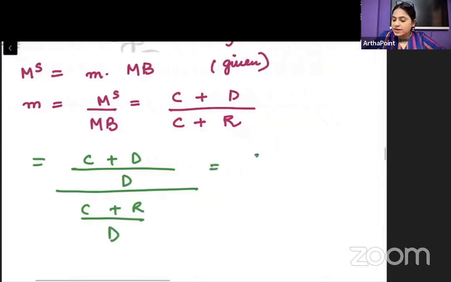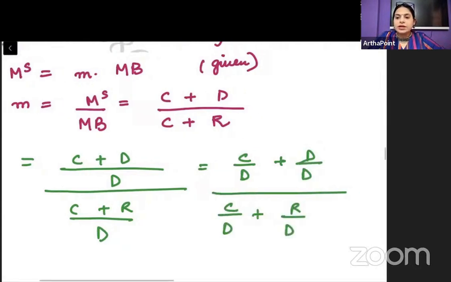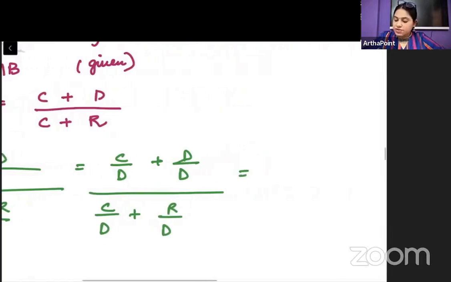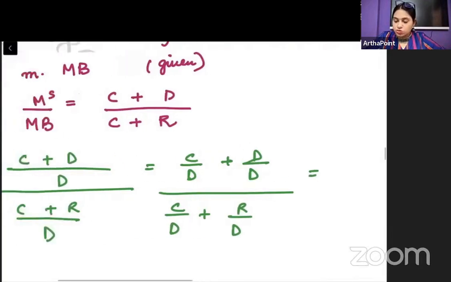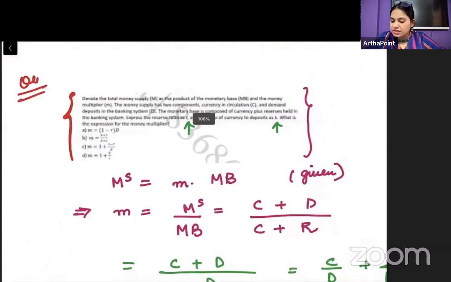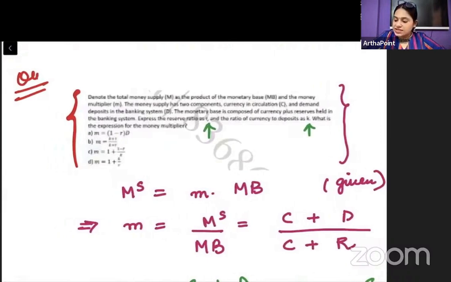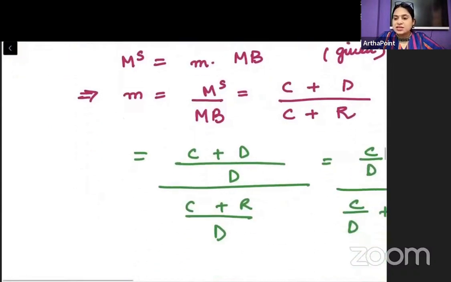So this will give me C by D plus D by D upon C by D plus R by D, right? So this will give me the currency deposit ratio, which in this case is given as K, and the reserve ratio is given to me as R.